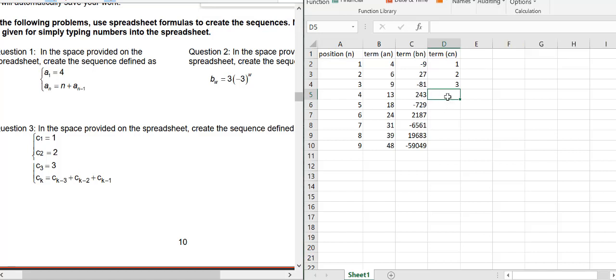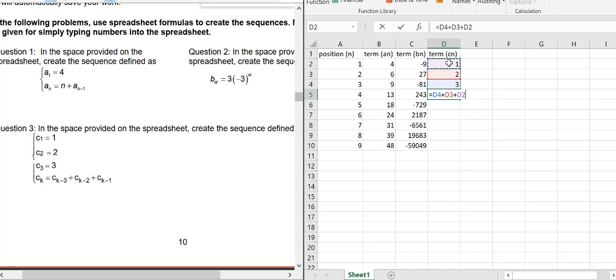for the fourth position, equals, who am I going to add? The term before it, plus the term before that, plus the term before that. And as I change positions and go up 3 terms, it'll pick the correct ones, won't it?